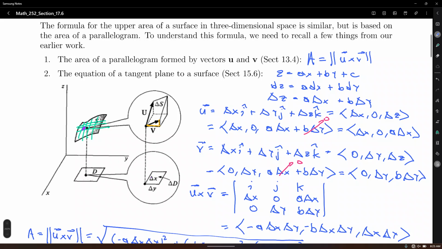How do we get those coefficients of x and y? Remember, for a tangent plane, how do we get those coefficients a and b for the equation of the plane?